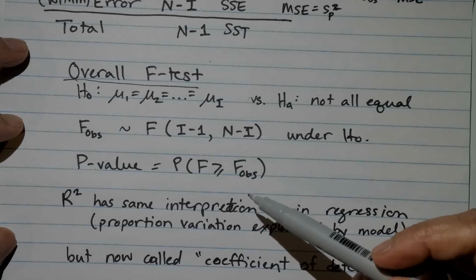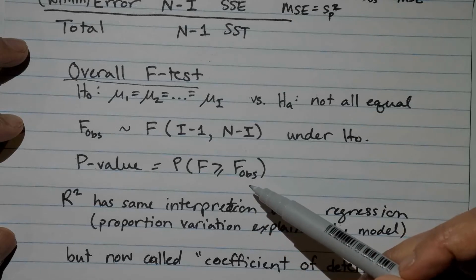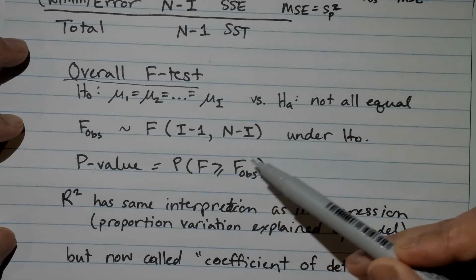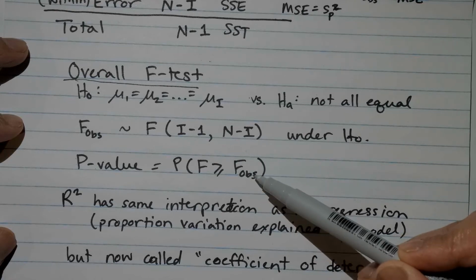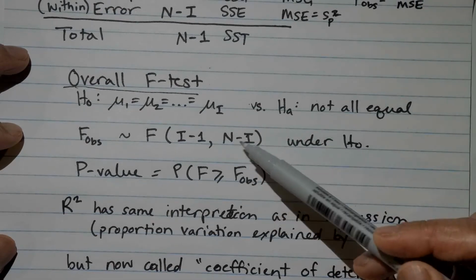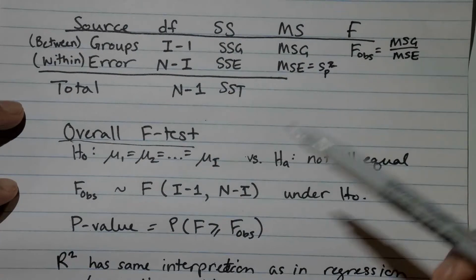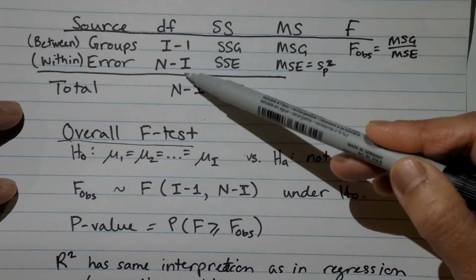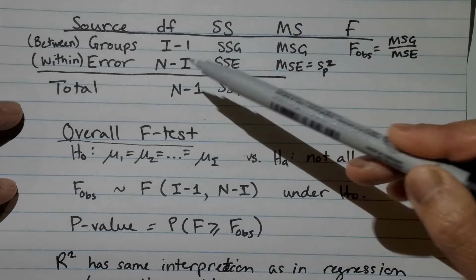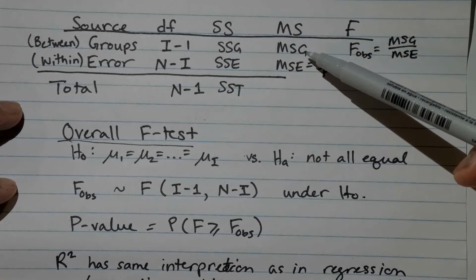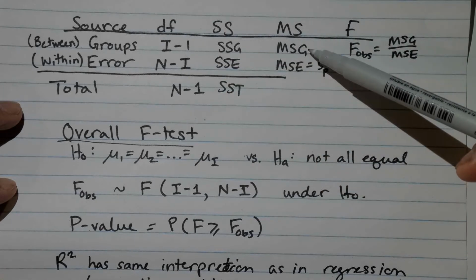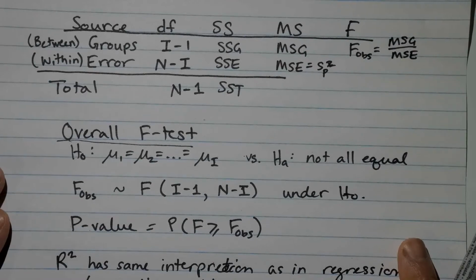And then the p-value is equal to the probability that F is greater than or equal to our observed test statistic. So these degrees of freedom, again, can be read off of our ANOVA table directly, because they're the ones that our mean squared terms are also based on.